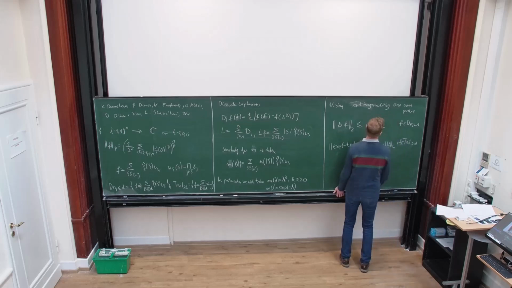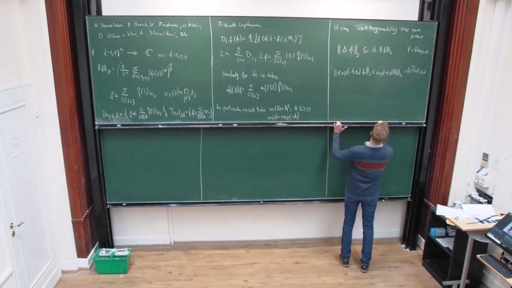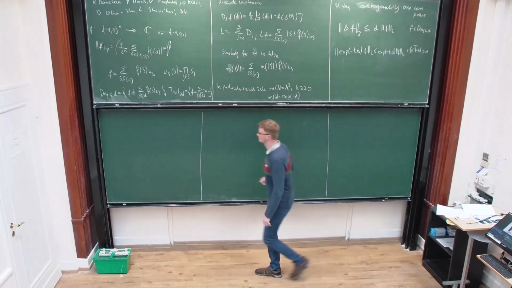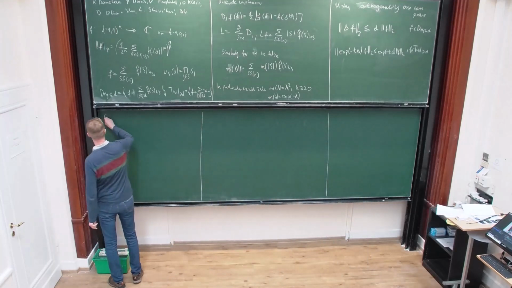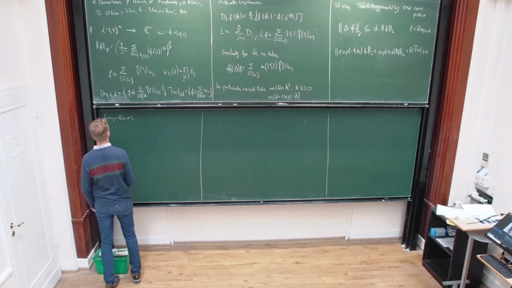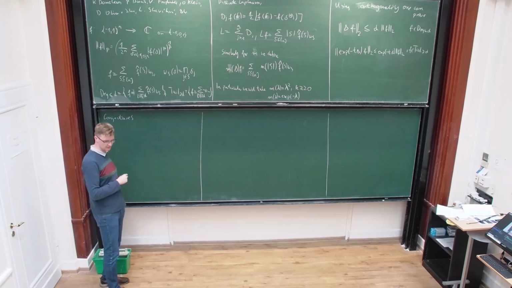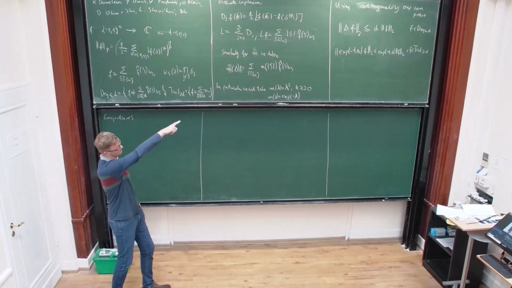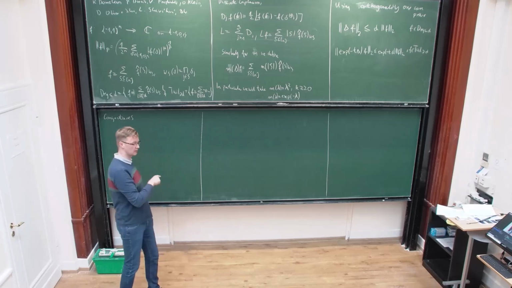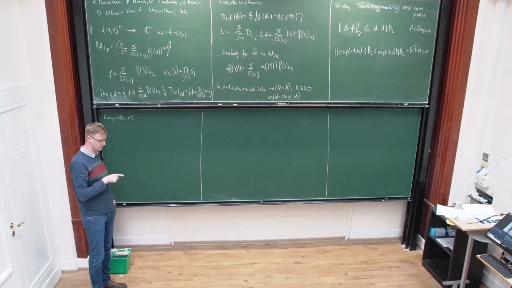Okay, so let's state the conjectures. The first one, chronologically speaking, is a conjecture due to Mendel and Naor, and it asks about the second inequality in L^p. Those conjectures actually ask about inequalities of this kind on Banach spaces, but they're already open in the scalar case, so I'm just going to focus on the scalar case.